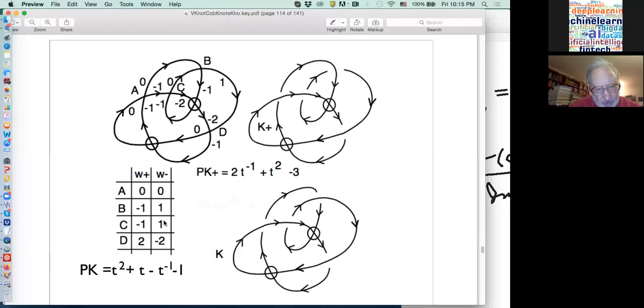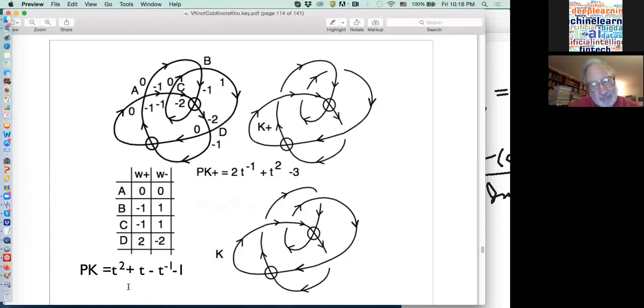Then the C is positive, and the D is positive. And so that will be a plus T inverse and a plus T squared. So it's non-trivial in any case, but there's a sign error here in the slide.